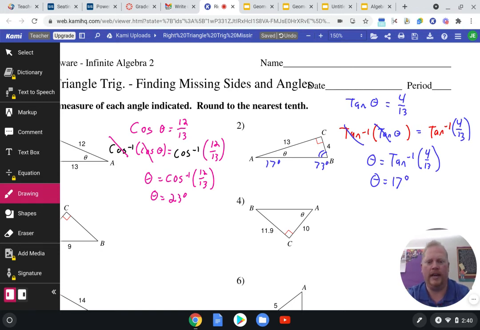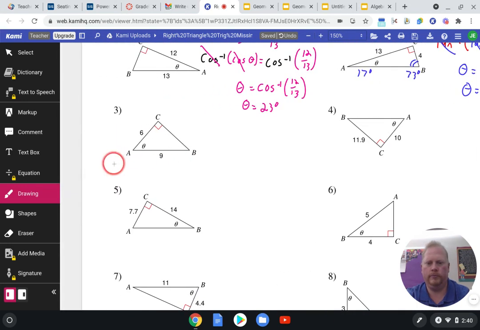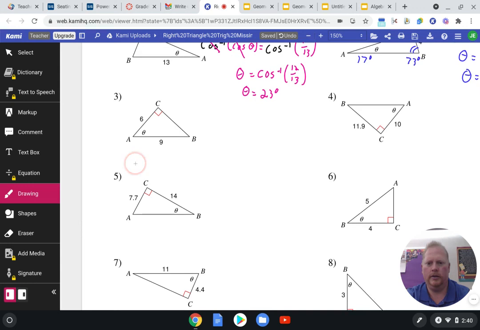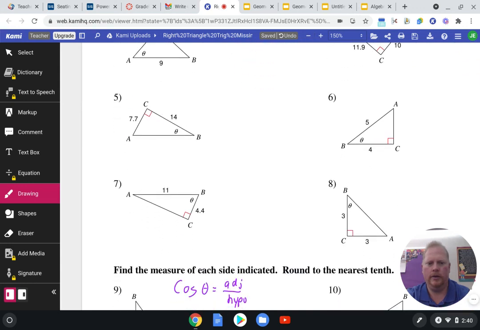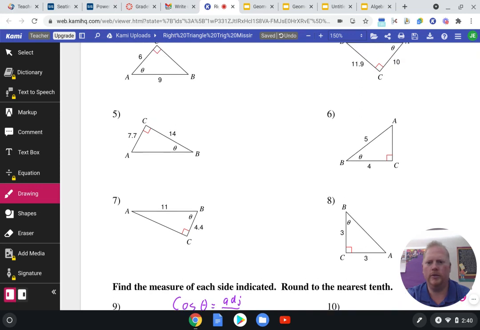Let's do one more example. Let's do question number 5. Looks like another tangent one. In relationship to angle B, 7.7 is the opposite, 14 is the adjacent, so we're dealing with tangent again.